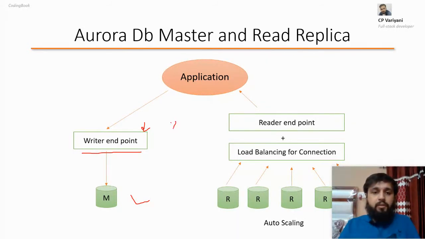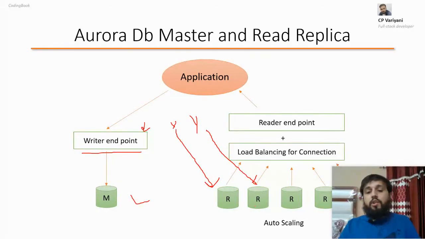If user X is requesting data, you are not going to manually keep a state that for user X I have to send the request to this read replica, and for user Y to that one. That is done automatically by load balancing on the connection string. You will have one reader endpoint, one connection string added in the application, and based on the number of requests, the load is balanced among the read replicas automatically.